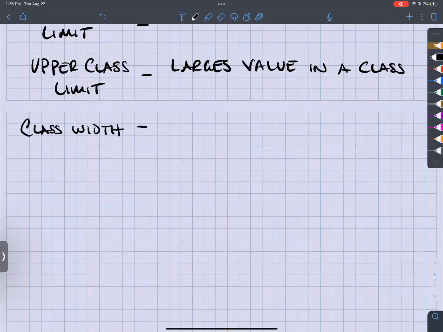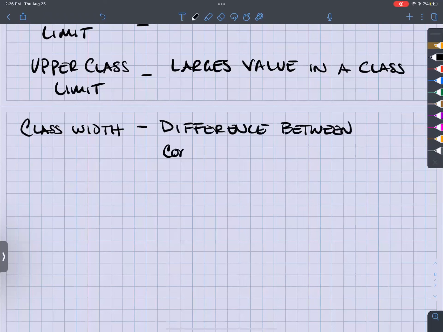The class width, it says, is the difference between consecutive lower class limits.